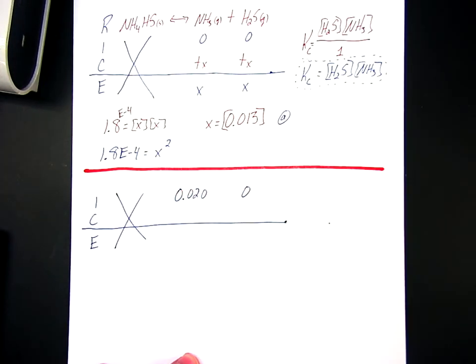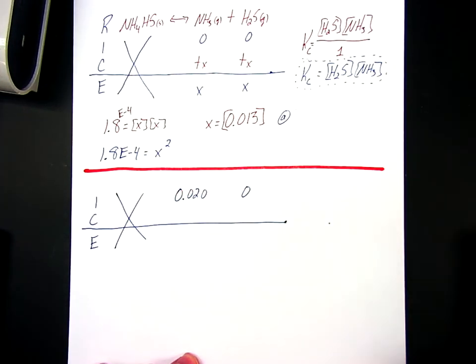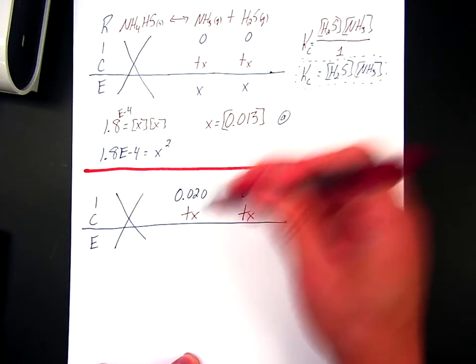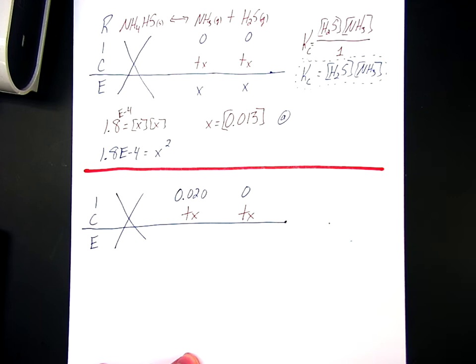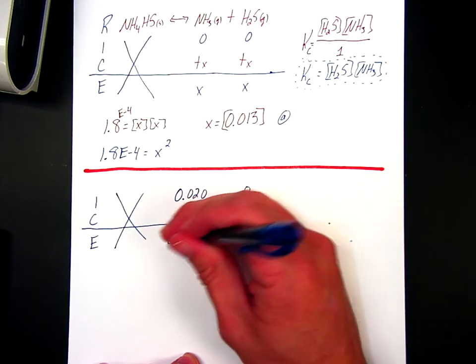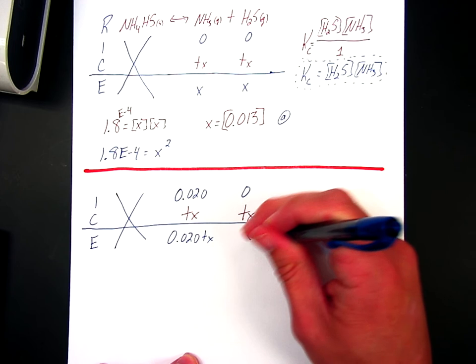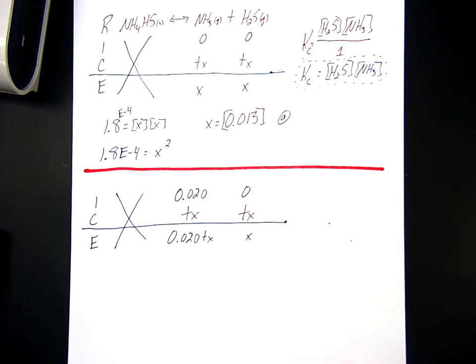We still have 0 of H2S, all right? This will still be plus X and plus X, because again, we're going straight down, using the same reaction. But now you'll see that it's 0.02 plus X here and just X there.